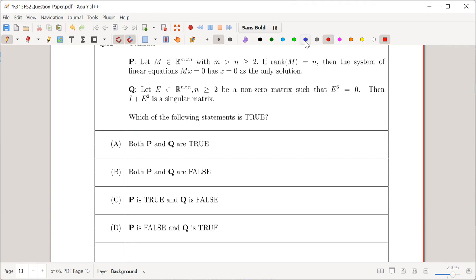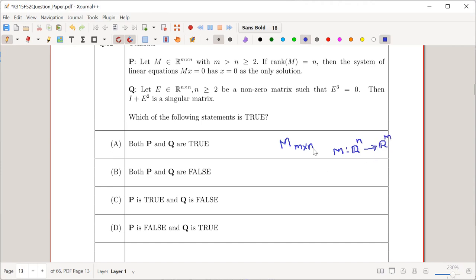Look at the first statement. M is an m by n matrix, so M is a function from Rn to Rm. Any matrix can be viewed as a linear transformation.